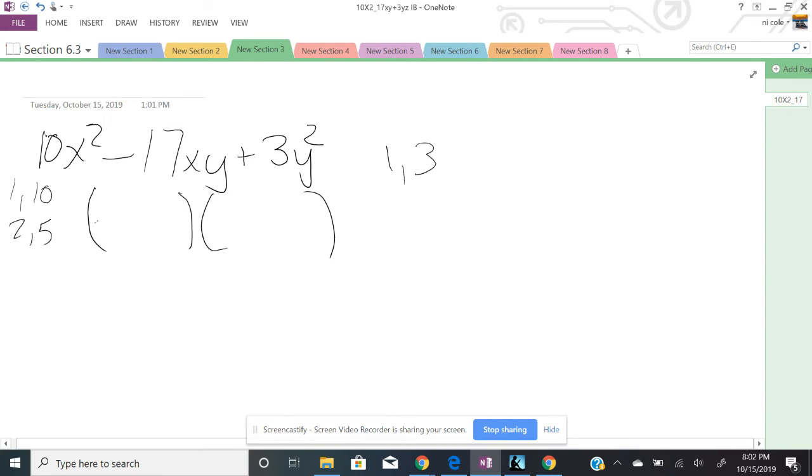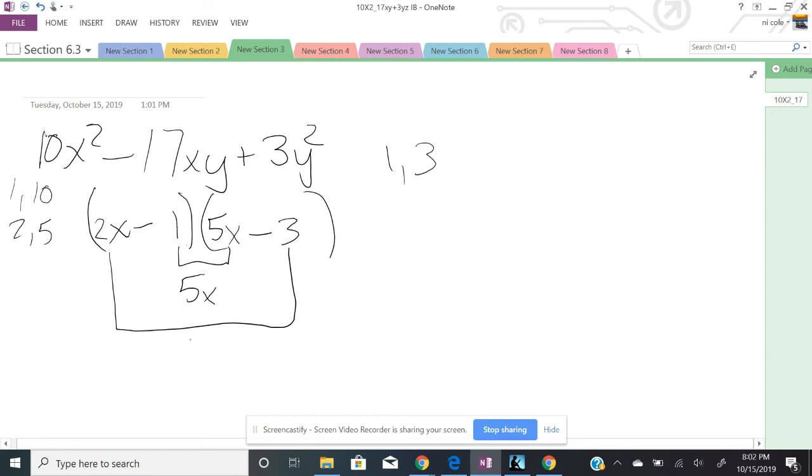So I will do 2x and 5x. I know that it has to be either plus plus or minus minus, and it is minus minus. So I'm going to come in with minus minus, and I'm going to put my 1 and my 3. Test the insides, that gives me 5x.